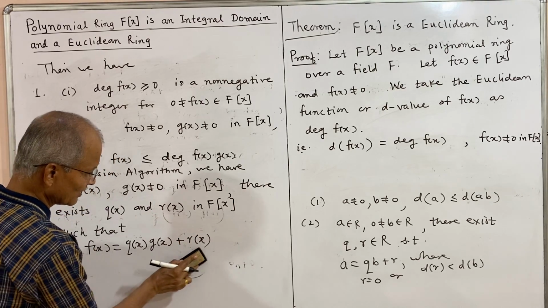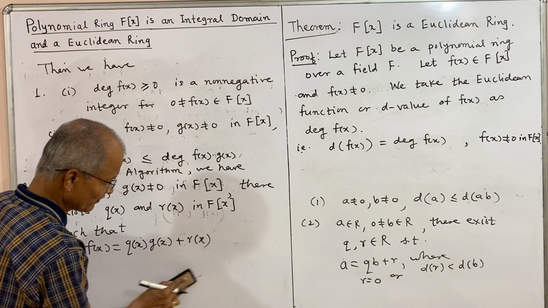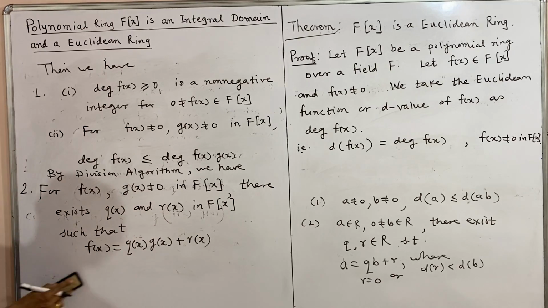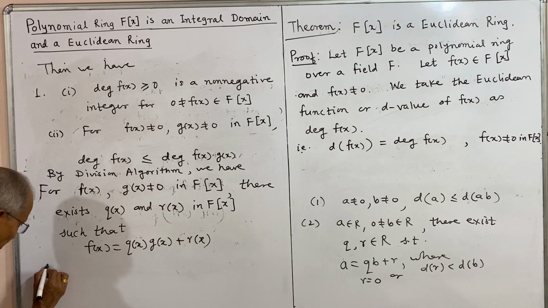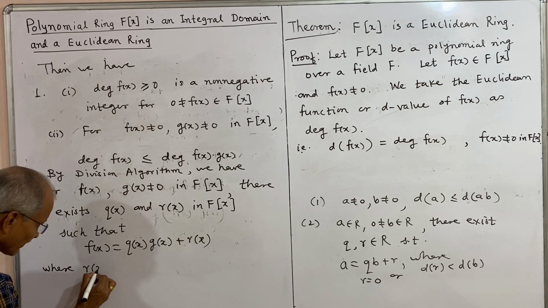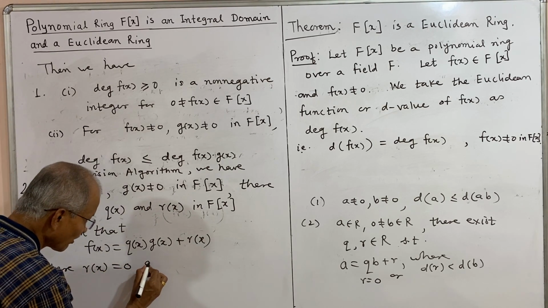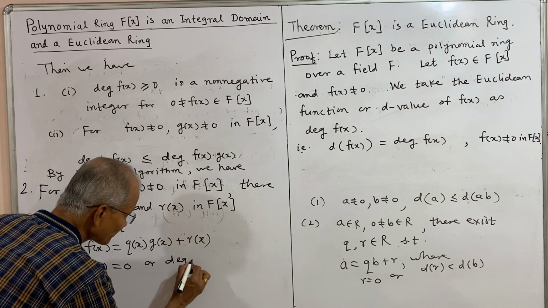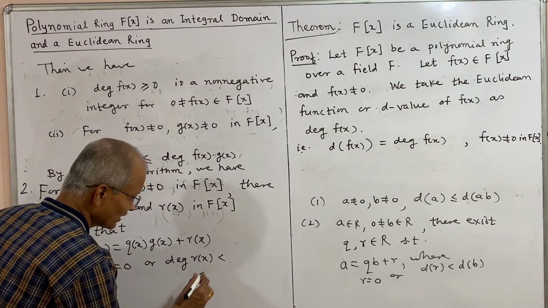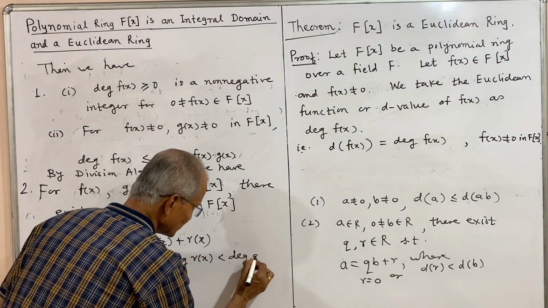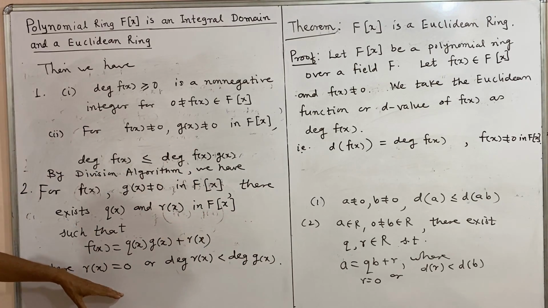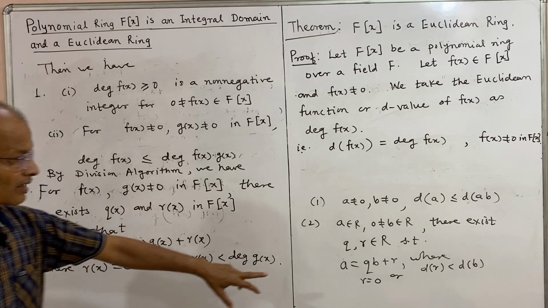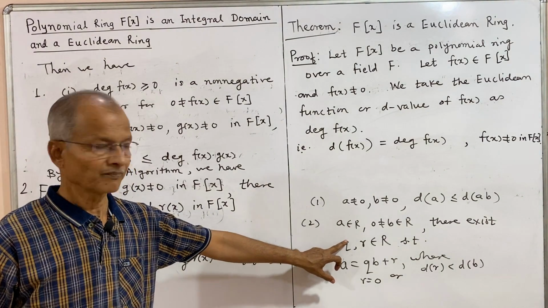This is a theorem we have proved as the division algorithm, and it holds where r(x) is equal to 0 or the degree of r(x) is strictly less than the degree of g(x). This is exactly the second condition of Euclidean ring.